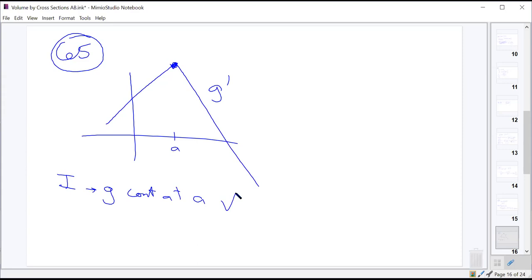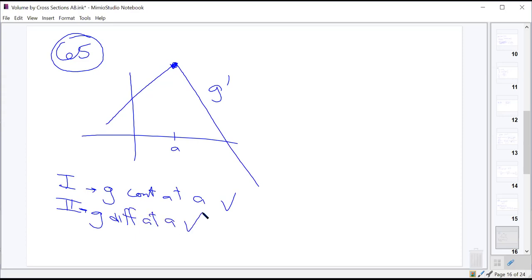Then it says G is differentiable at A. Well, this is the derivative, right? So the derivative must have existed at A. Just because we have a corner on the derivative doesn't mean that G didn't have a derivative at A. Okay? So G is differentiable at A, yep, that's good too.